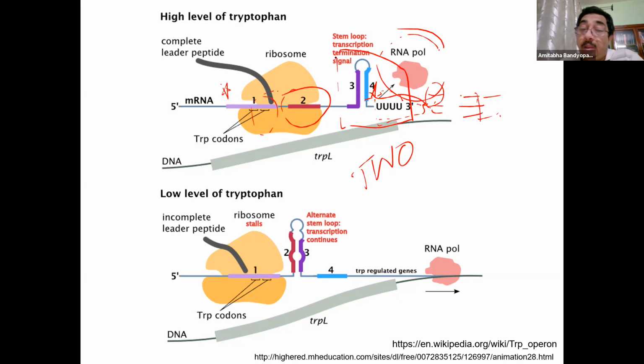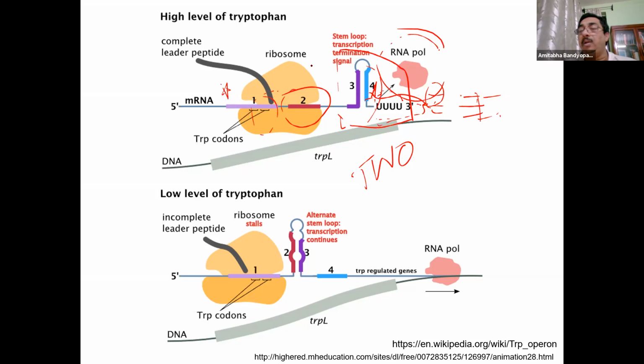But if the tryptophan level is high, then the ribosome will be able to move through this 2, and then 3 and 4 will be able to base pair.